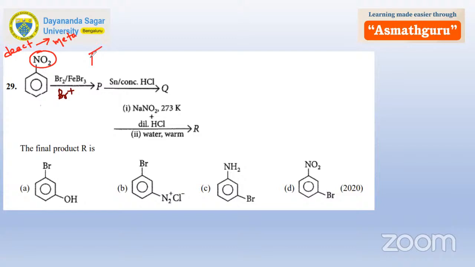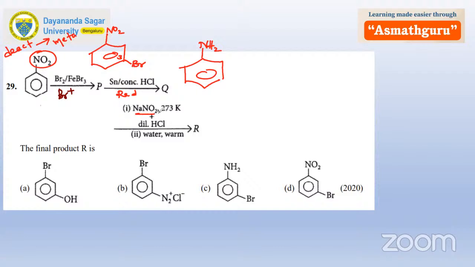So P should be meta-bromonitrobenzene. Meta means 3 position. This undergoes reduction. Tin and HCl means what? Reduction. What is reduction? Removal of oxygen. When you remove the oxygen, you get NH2. So Q is aniline.